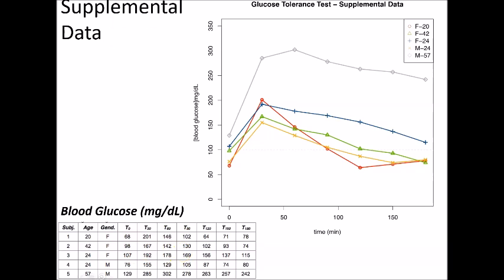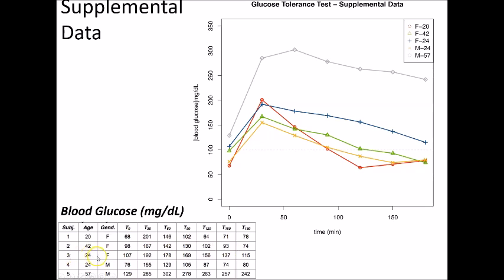After 30 minutes, it reached a peak of 200, but then is back below 100 after 2 hours, so that's considered a normal test. For the second person, a 42-year-old female, blood sugar starts out below 100, so between 70 and 99, so that's normal. Reaches a peak in 30 minutes again, and again within 3 hours back below 100.